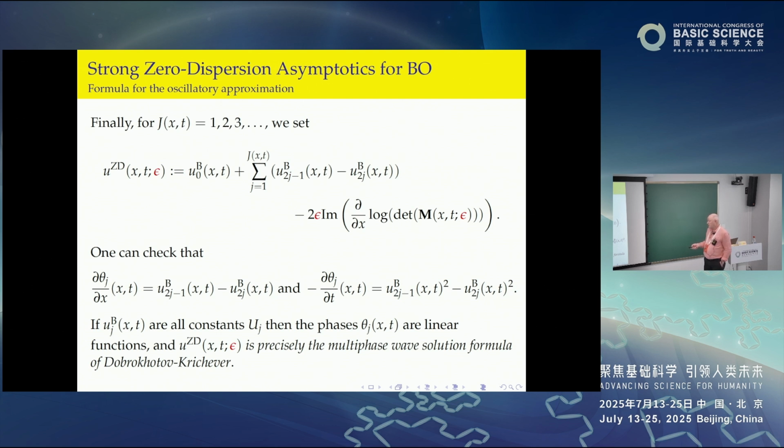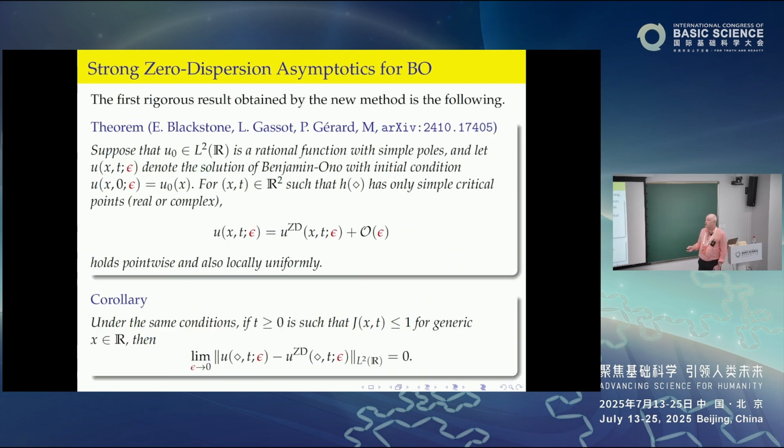And so one thing that this tells you is that if there's no modulation, if these Burgers branches are all just numerical constants, u j, then the phases are all linear functions, and this zero dispersion formula turns out to be exactly the same thing that Dobrokhotov and Krichever wrote in their 1991 paper for a multi-phase wave solution of the Benjamin-Ono equation. So it's like a multi-phase wave, but it has this extra modulation because these are not constants anymore.